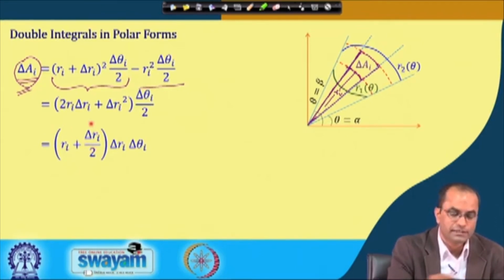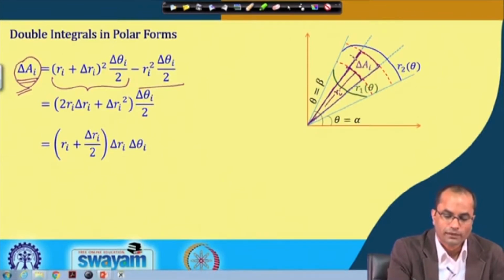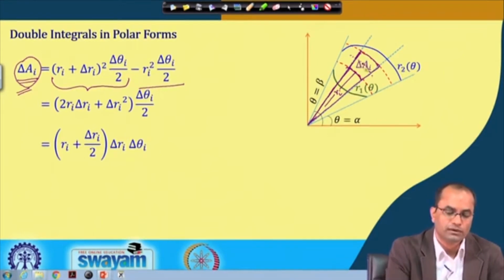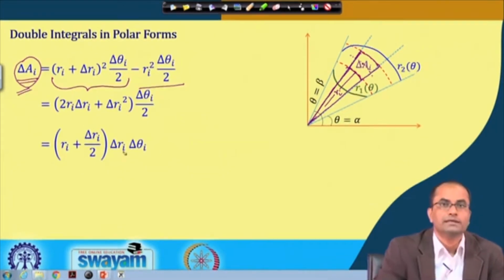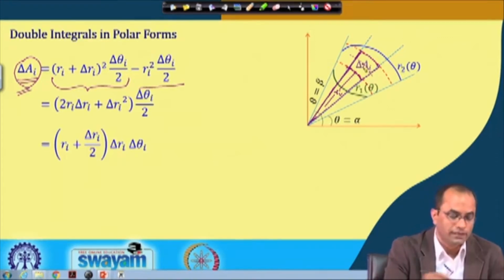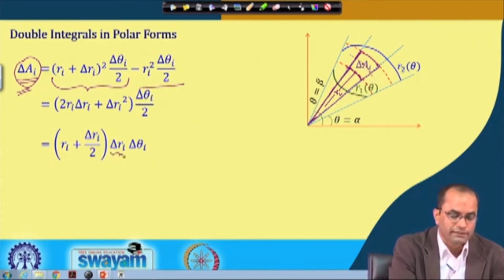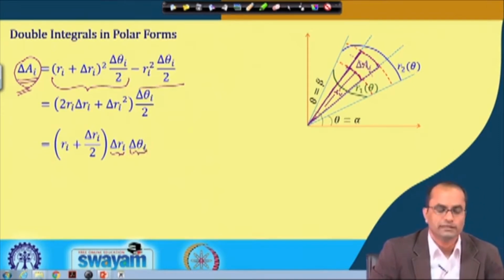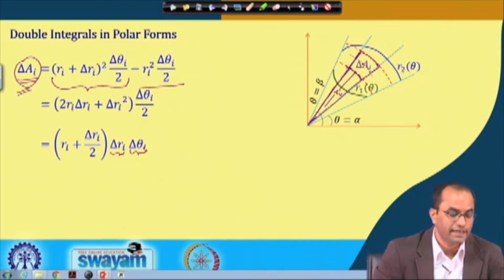So, this r_i plus delta r_i by 2 is somewhere in the middle here. This is the circular arc which has the radius r_i plus delta r_i by 2, and then we have delta r_i and delta theta_i, the increments we have made in the radius and also in the angle.